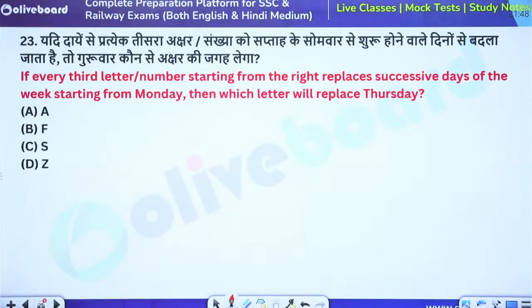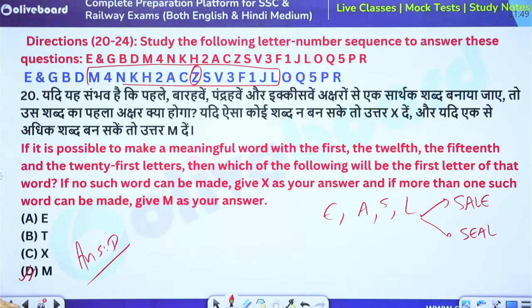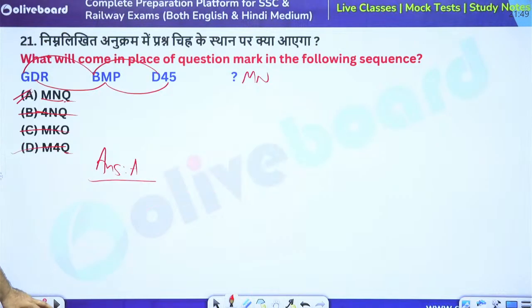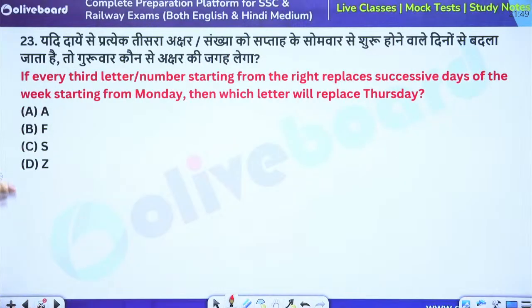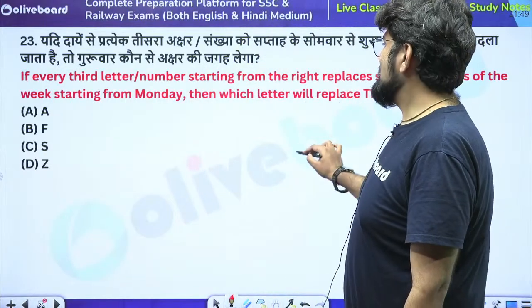If every third letter or number starting from right replaces successive days of the week starting from Monday, then which letter will replace Thursday? Wait. This is for which question? Is it for the same question? Okay. If every third letter or number starting from the right replaces successive days of the week starting from Monday.